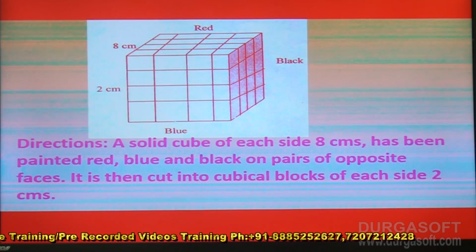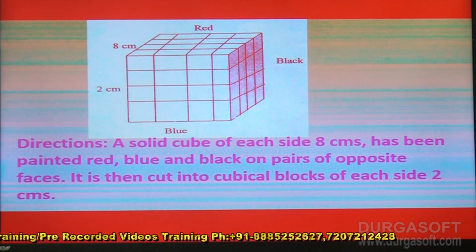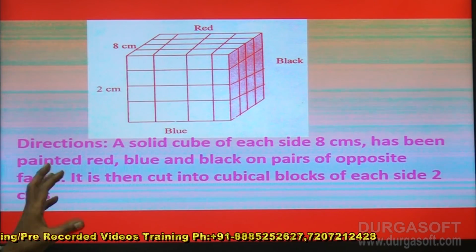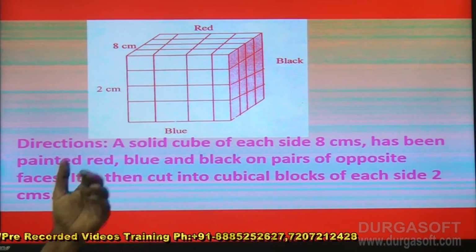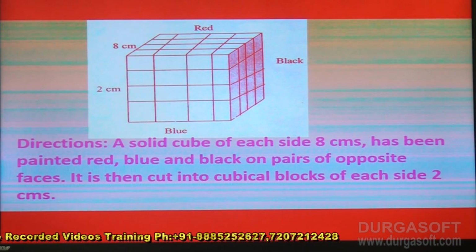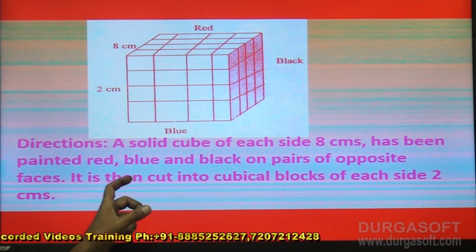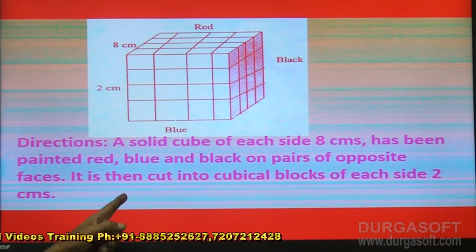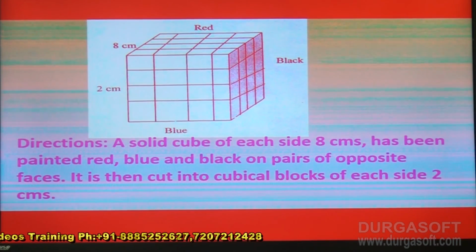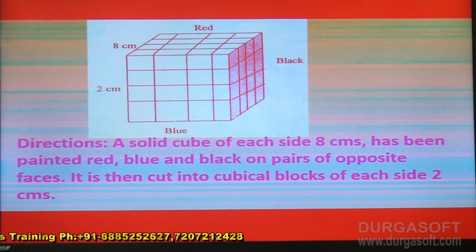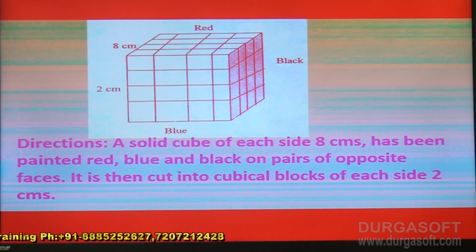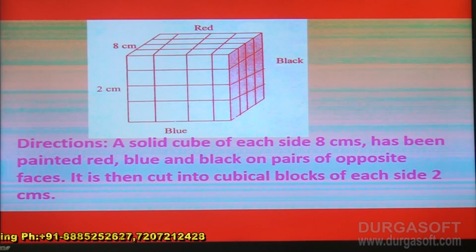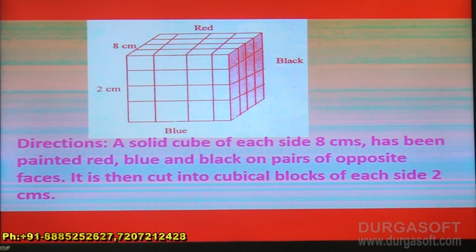Understanding these directions is very important. In the real time question, one solid, here the picture is given, but in the real time exam you may not expect the picture, only the directions will be given and questions are followed by the directions. So understand the directions irrespective of the figure. You need to visualize there is a cube. The cube has total 6 faces. Only there are pairs of opposite faces.